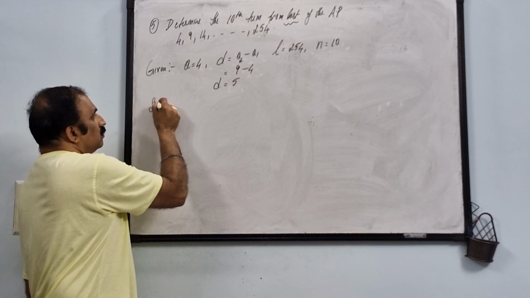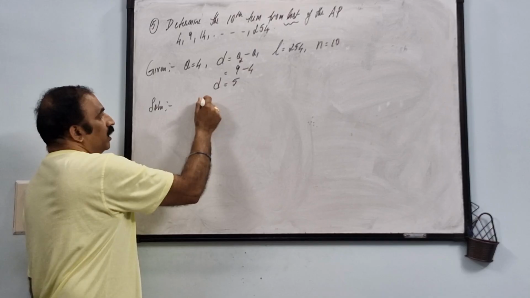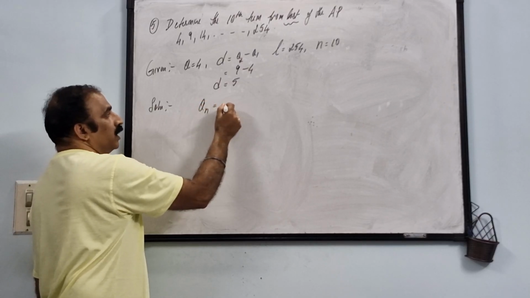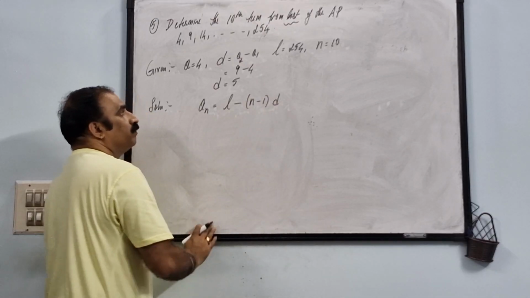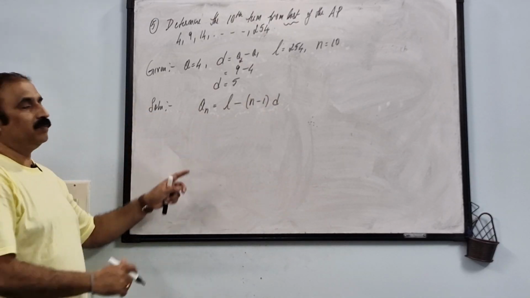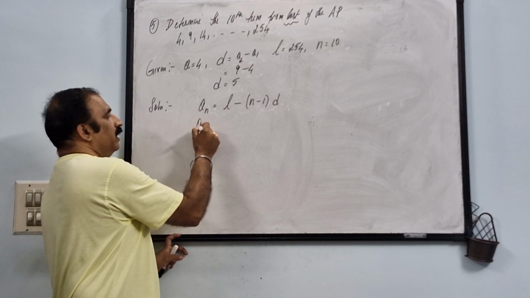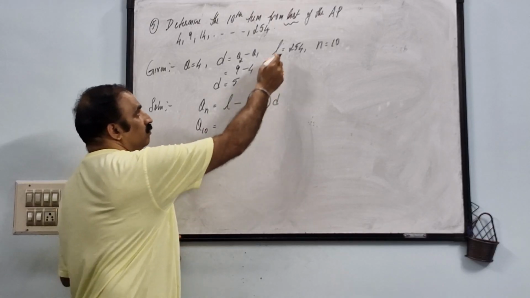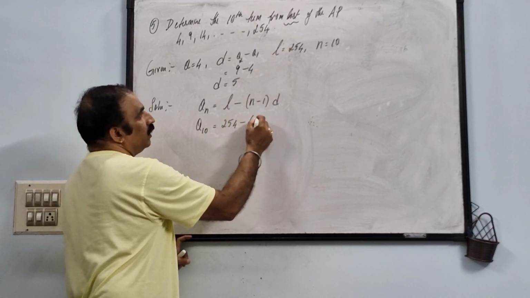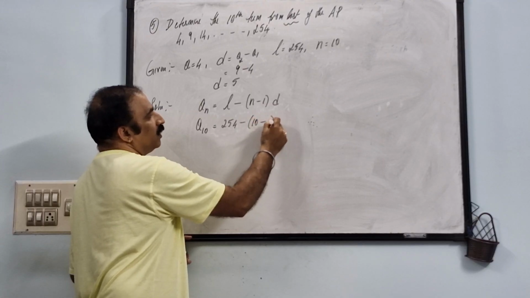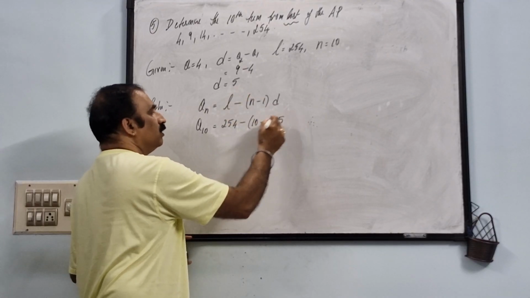So the solution is, formula to find from the last term, an is equal to l minus (n minus 1) into d. Now representing the 10th term here, so this is a10. Last term value is 254 minus, you are finding the 10th term, (10 minus 1) into d, the d value is 5 here.